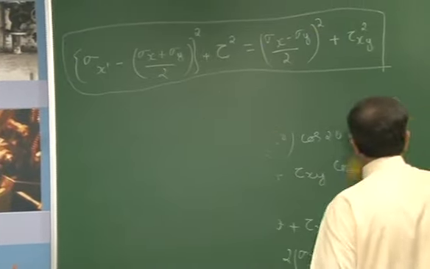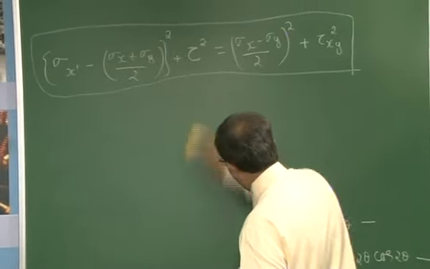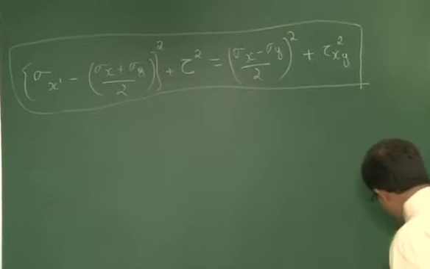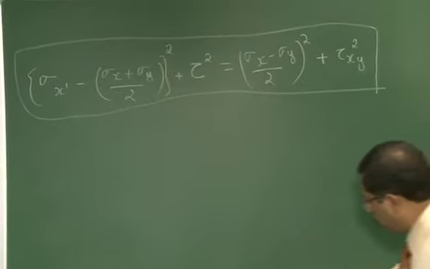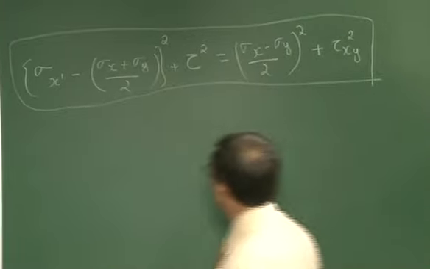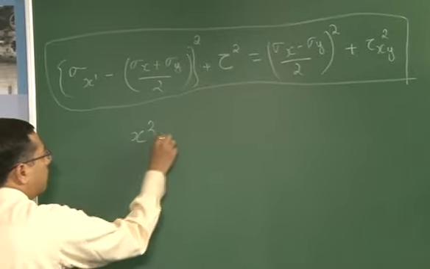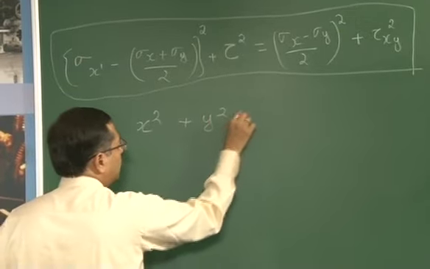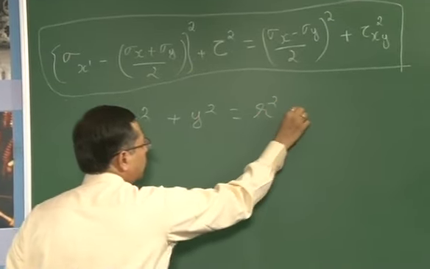Okay, look at the equation that we have got. This equation is of the form x square plus y square equals r square, which is the equation for a circle.